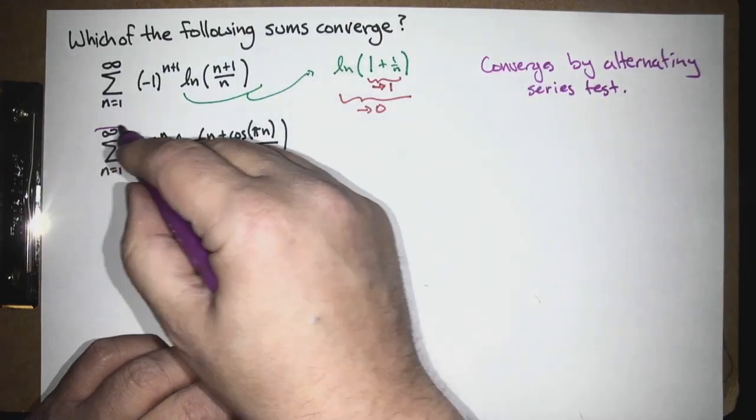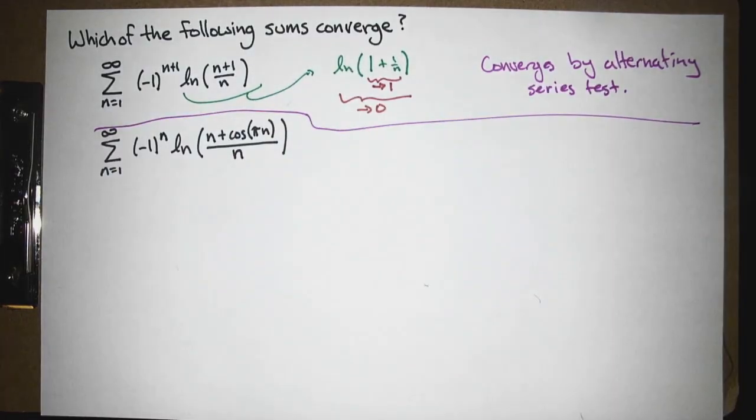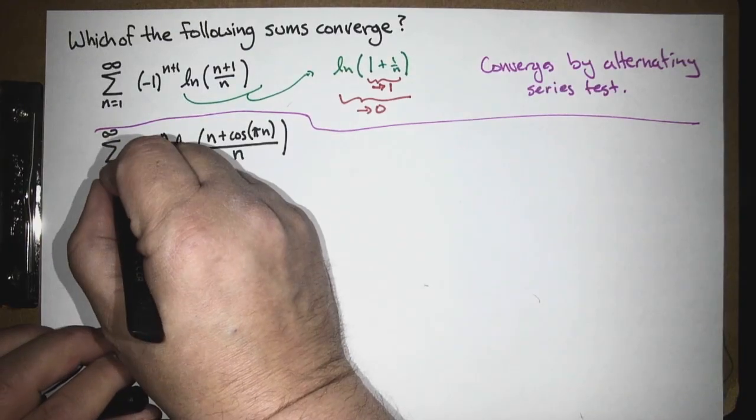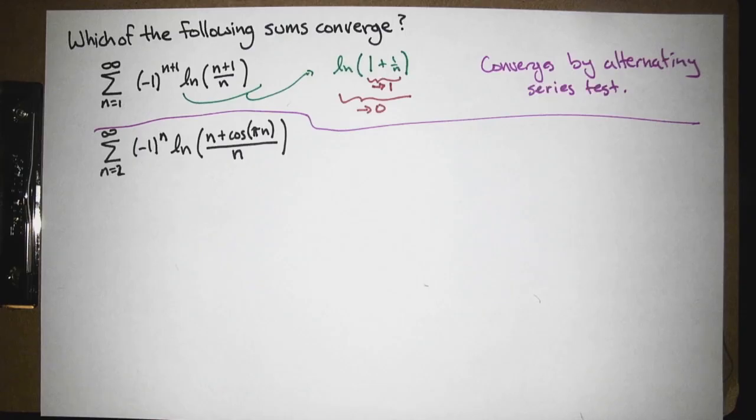Okay, cool. Now let's look at the second one. Almost the same, suspiciously similar. The sum from 2 to infinity of negative 1 to the n, log of n plus cosine pi n, divided by n.